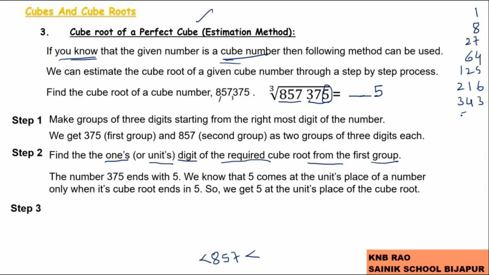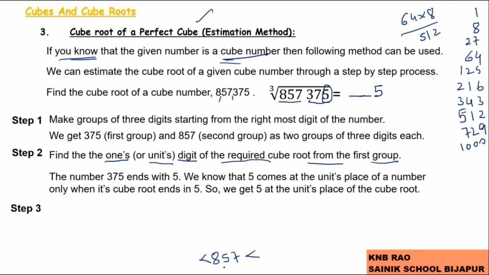8 8s are 64, 64 8s are 512. So next we have 729 and 1000.